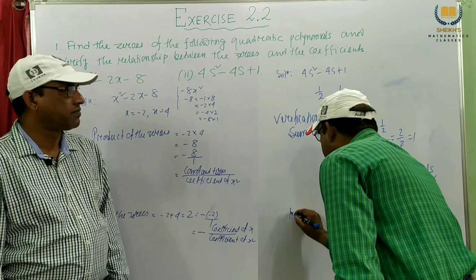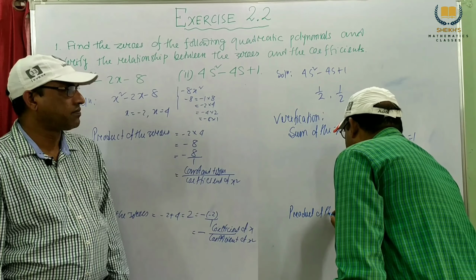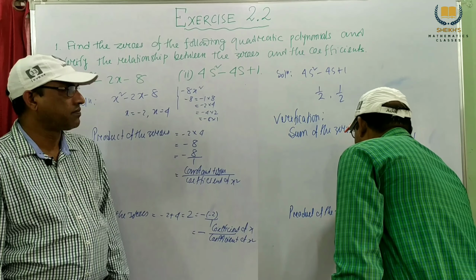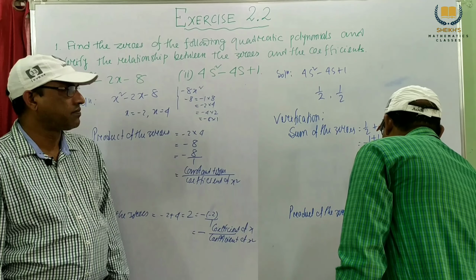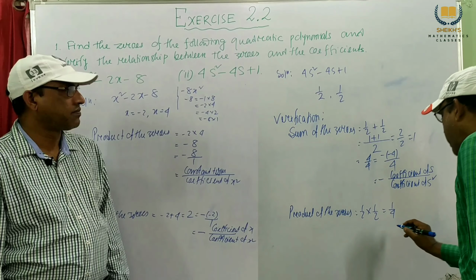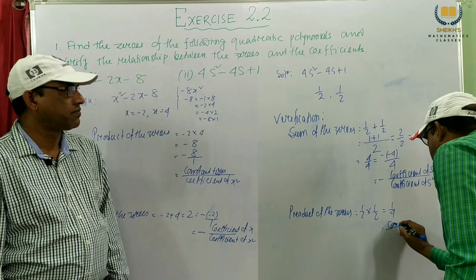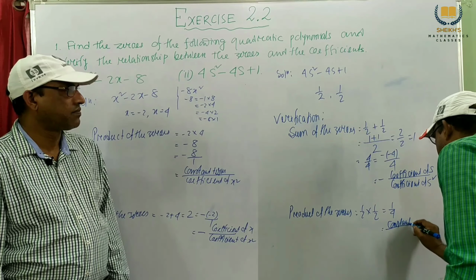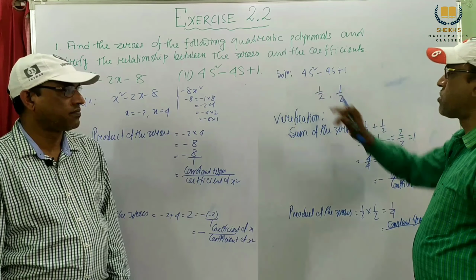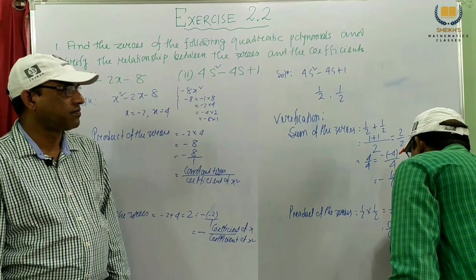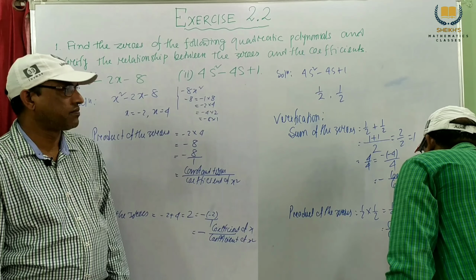Product of the zeros: 1 by 2 into 1 by 2 is 1 by 4. 1 means the constant term, and 4 means the coefficient of s square.